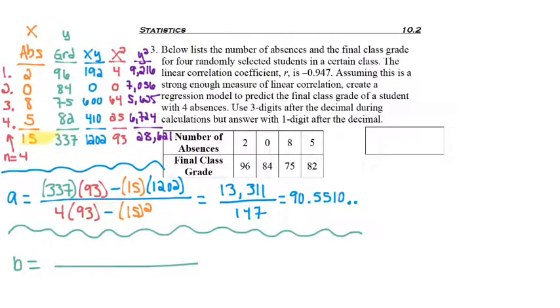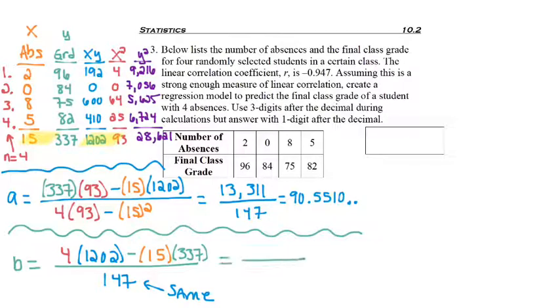Finding B. The formula starts off with N, so 4. The sum of XY, which is the 1,202, and the formula is minus, and then the top starts to look the same, right? It's the sum of X, but then it gets multiplied with the sum of Y, which is the 337 number, all over 147, because remember, it's the same denominator.